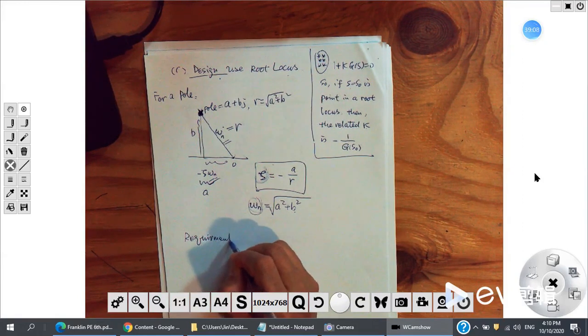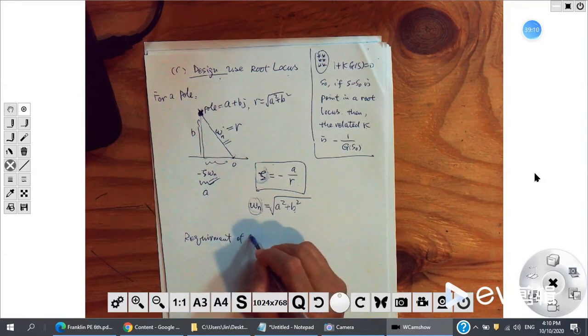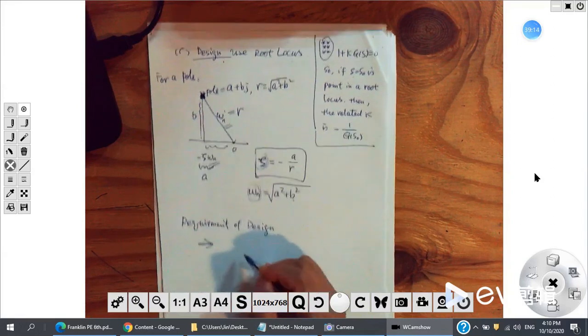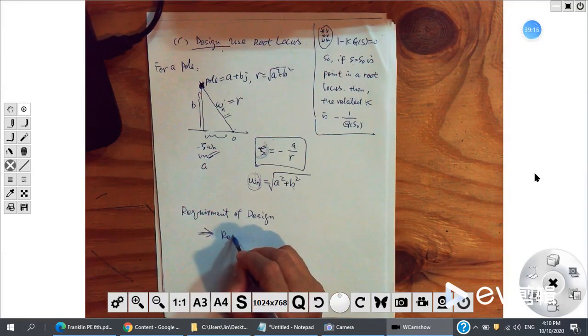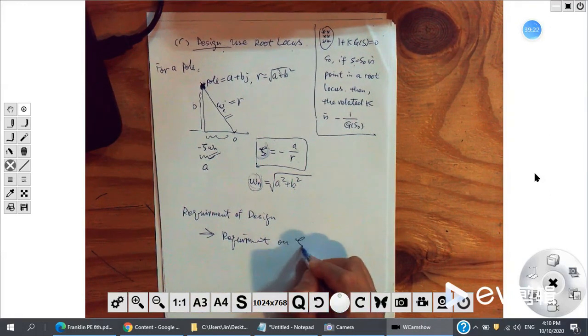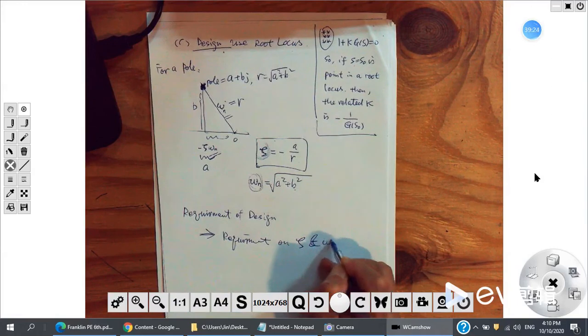Requirement of design gives requirement on zeta and omega n.